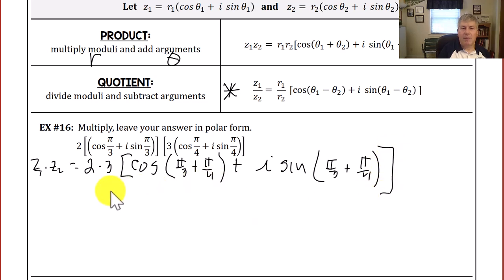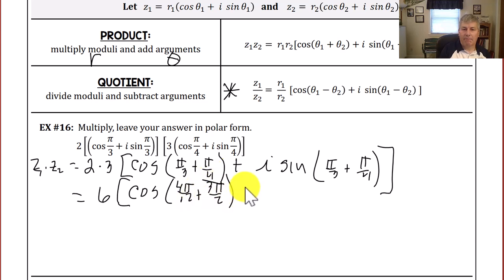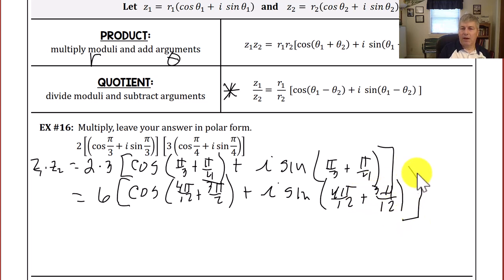Our common denominator here is 12, so we have 6, and then the cosine of 4 pi over 12 plus 3 pi over 12, plus i sine of 4 pi over 12 plus 3 pi over 12. And we all know that is 7 pi over 12.